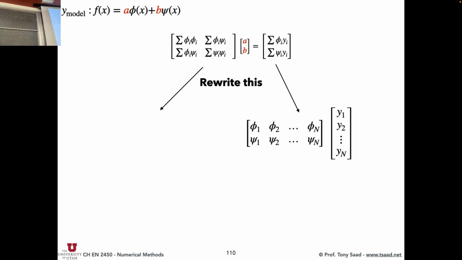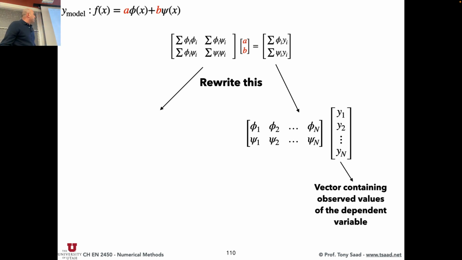So if you do the matrix vector product here, you get that exact thing over there. You get phi 1 times y1 plus phi 2 times y2 plus dot, dot, dot, plus phi n times yn. That gives you the first entry up there. And for the second entry, same thing, psi 1 times y1, psi 2 times y2, and so on. So we agreed that this product is equal to the true answer up there.